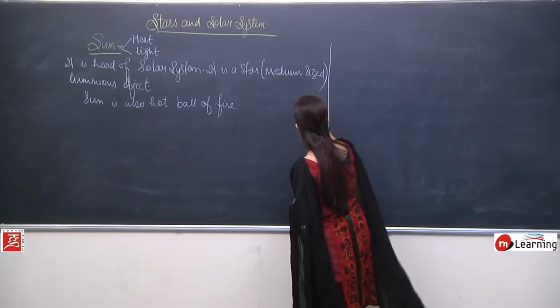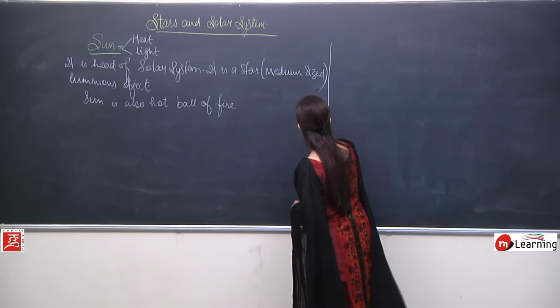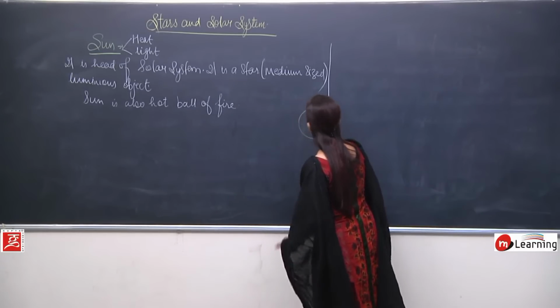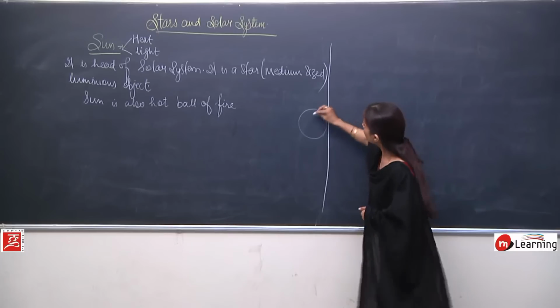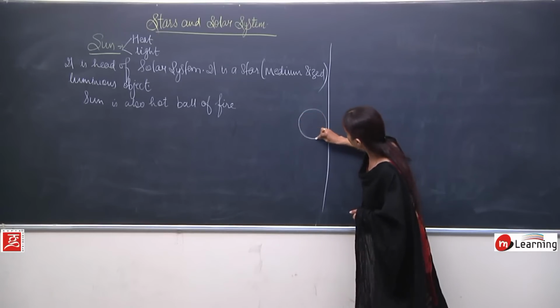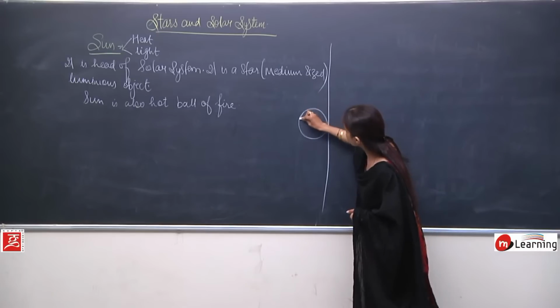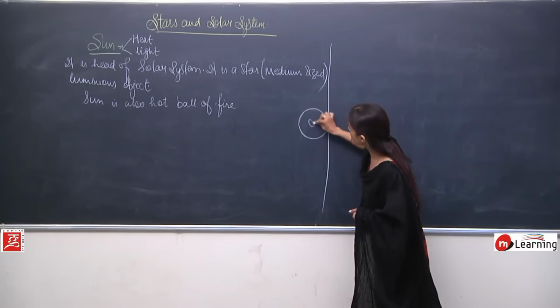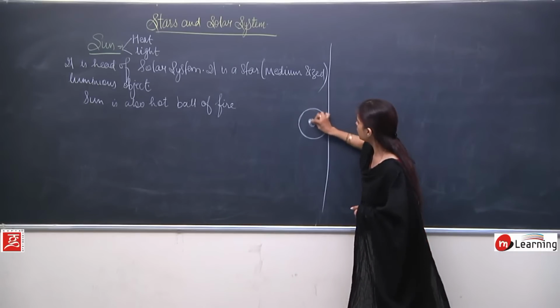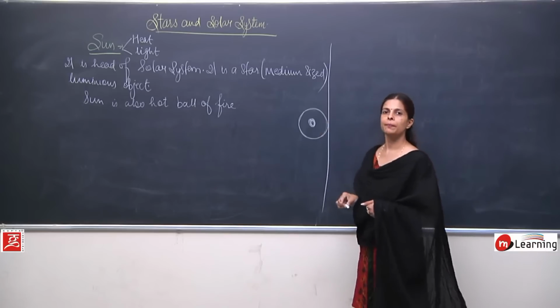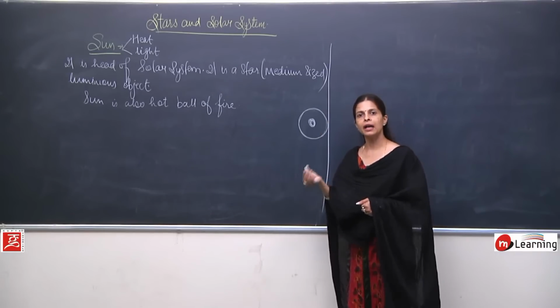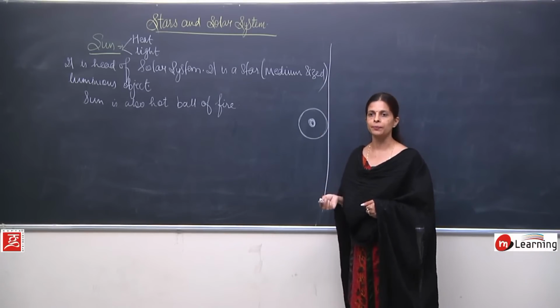Now this is the Sun. So the temperature of the Sun on the outer core, this one I am talking about, this one is the outer core, and here this one is the inner core. Definitely the temperature at the inner core and the outer core is quite different.